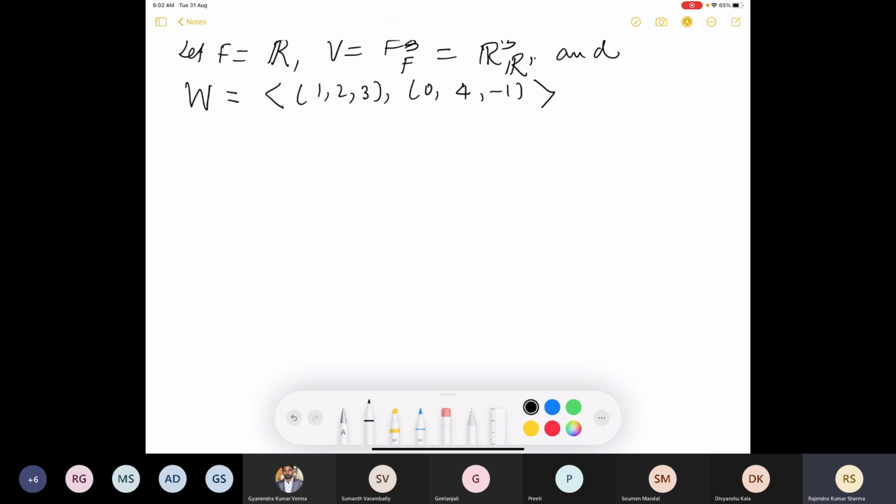It is a subspace of V. So we have a perfect setup of finite dimensional vector spaces.